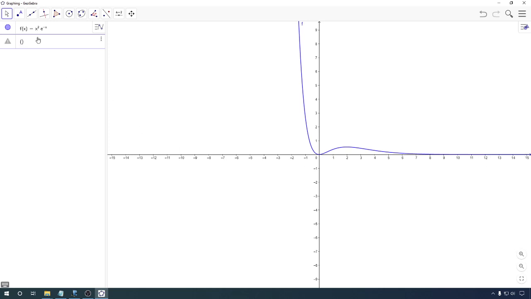We can even go ahead and graph our points. We have 0, 0. We have 2, comma, I'm just going to use f of 2, because it will calculate that for me. Then we have 2 minus square root of 2, comma, f of that.